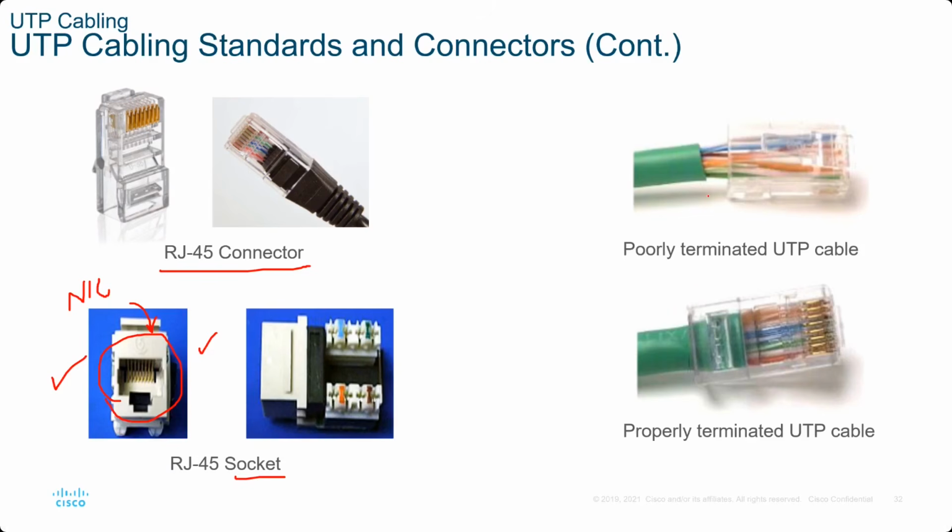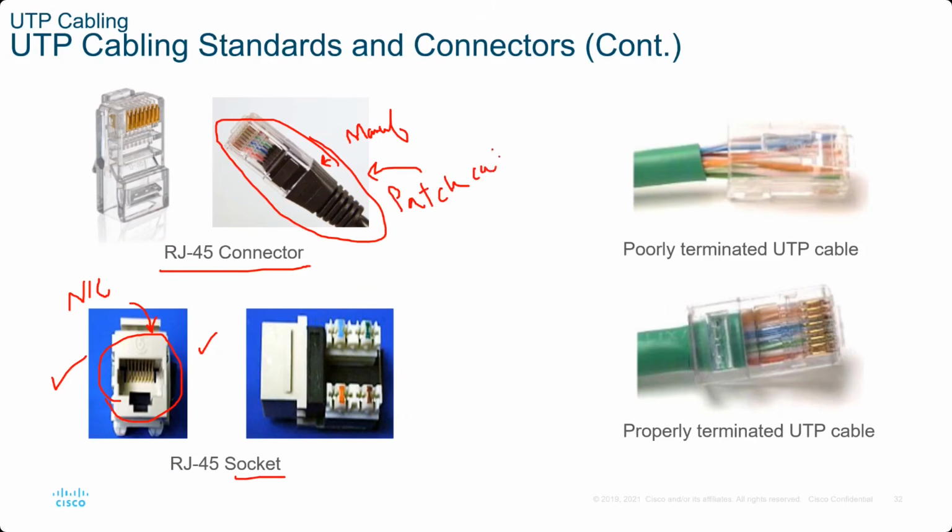One of the common mistakes some technicians make is when they terminate this connector. Look at this cable. This is a perfect cable. An example of a perfect cable: the connector is sealed in, and you don't see any wires coming out. This is what mostly comes from the manufacturer. You can just go to a computer shop and buy this. They call it a patch cable as well.